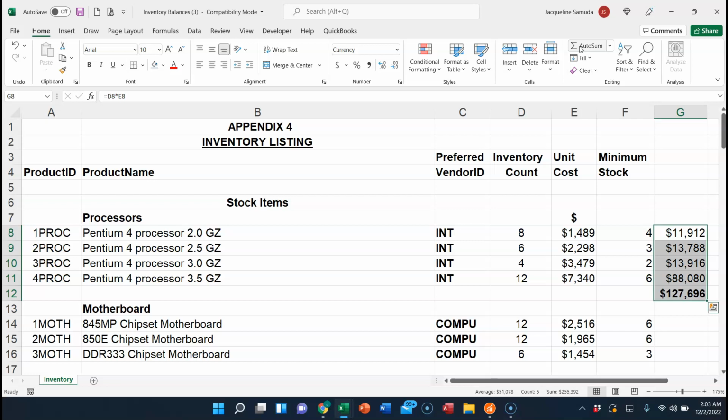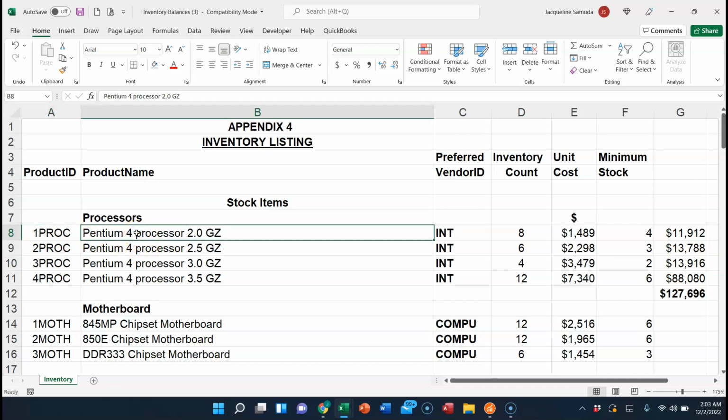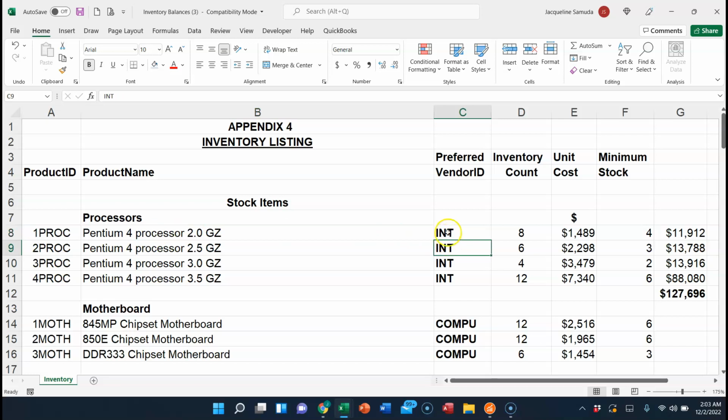Now the inventory listing also has other information apart from the ID, the unique ID for the product. It has a description for each of them. It has the name of the vendor that they would prefer to purchase from, and in this case, the preferred vendor ID is INT, which represents Intel.